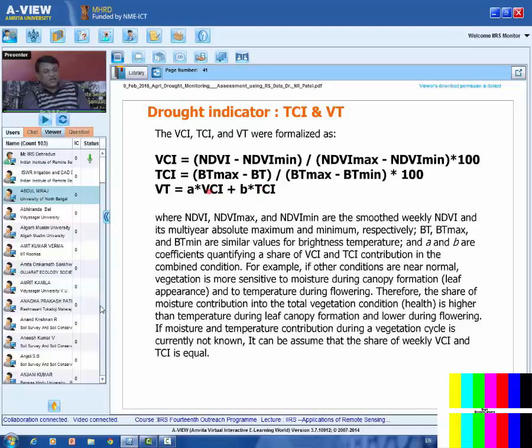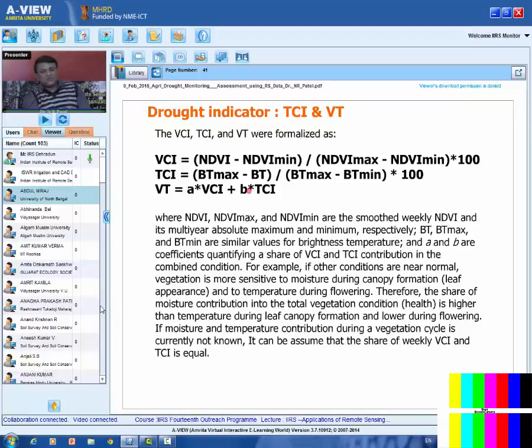Here VCI is more sensitive to soil moisture, and hence it has more impact on vegetation growth. But drought effect is not only because of soil moisture, it is also because of temperature. Certain phases of the crops are highly sensitive to temperature, for example flowering and podding.